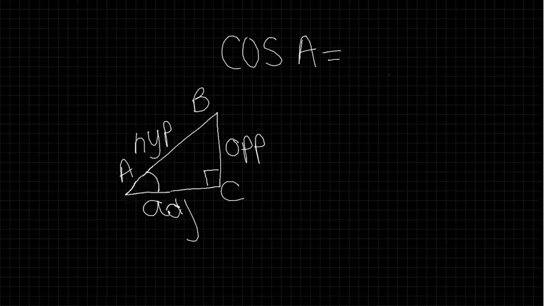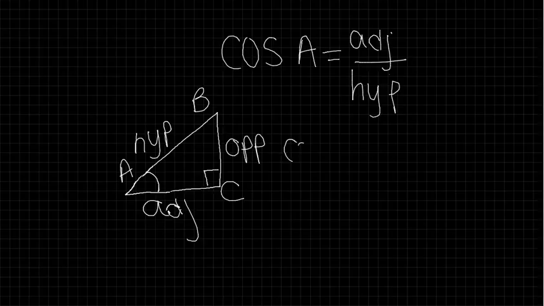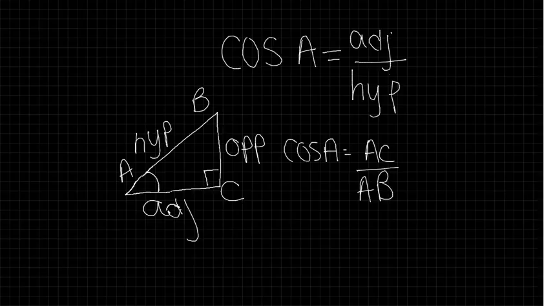So this ratio is adjacent over hypotenuse. Okay, so in this case, cosine of A for this triangle would equal AC, whatever value AC might be, over the value AB. This is for angle A.